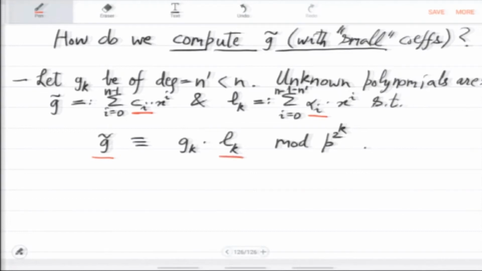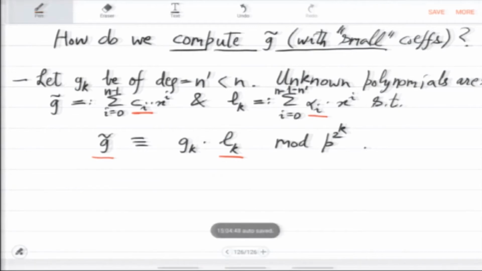So gk is completely known. You want to find the coefficients of g tilde and Lk. But then there is a condition on the ci's that they should be small.